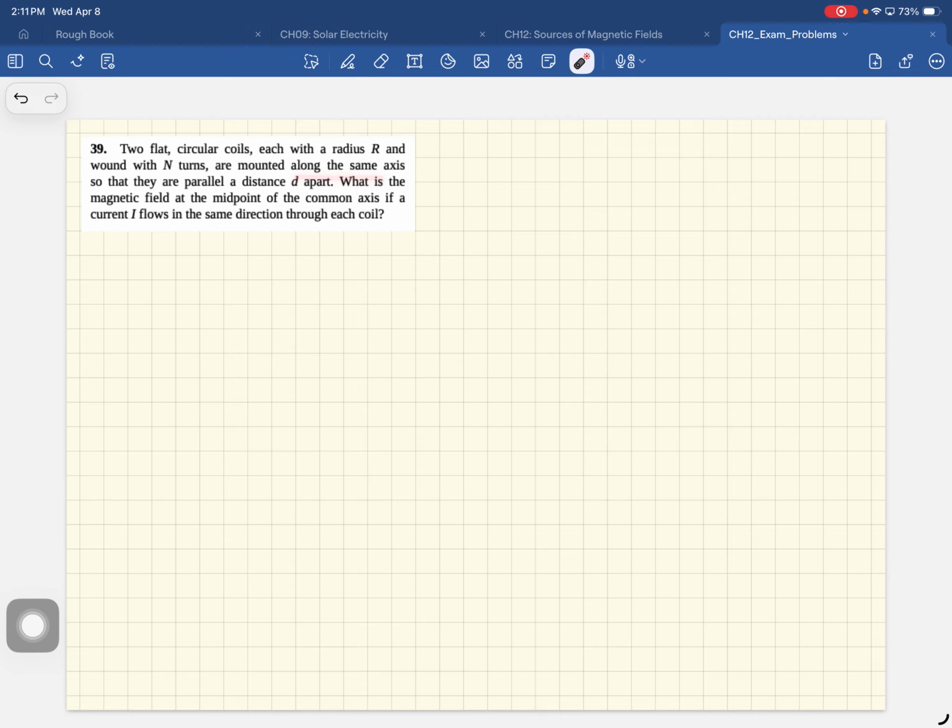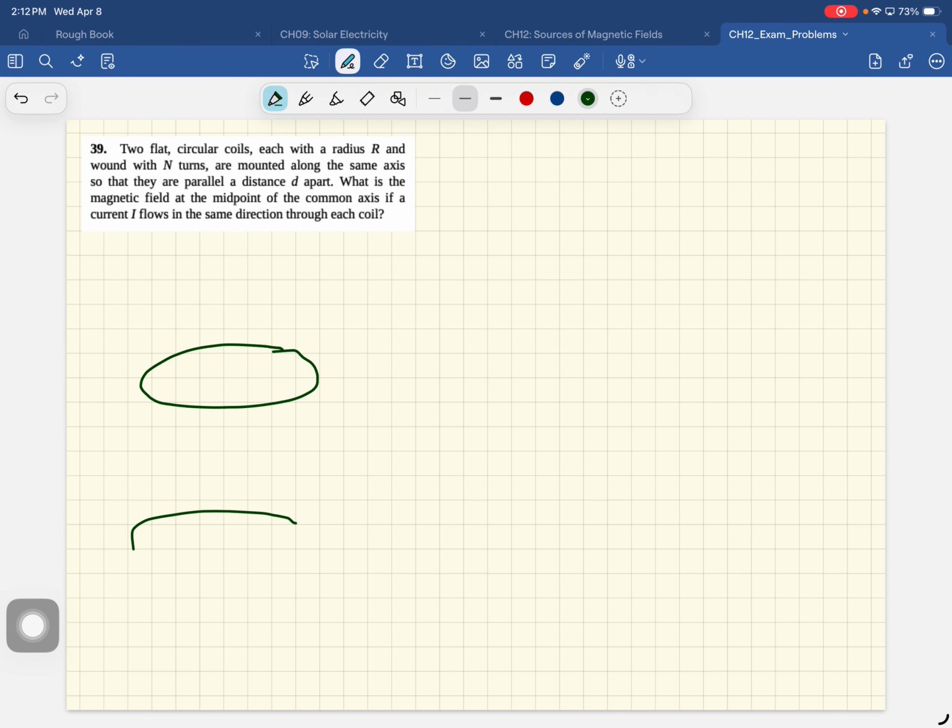The pi cancels, 2 cancels. So mu naught N I R. That's the field at the center.